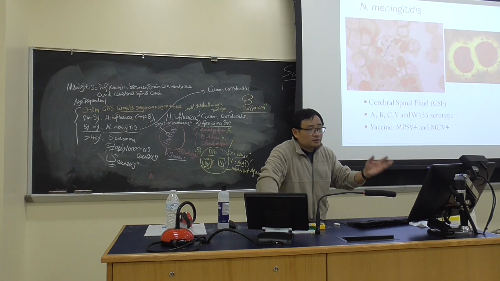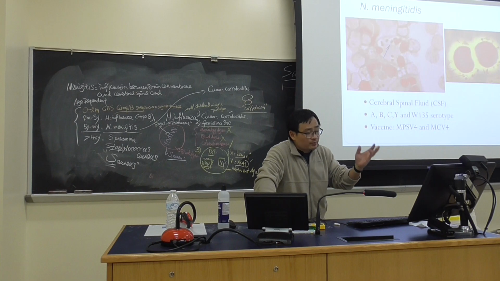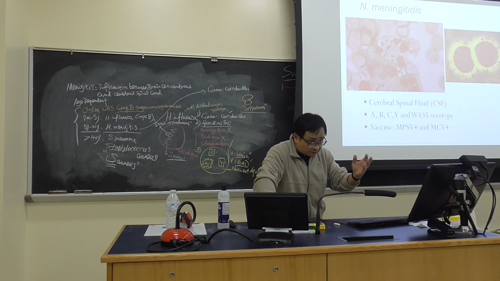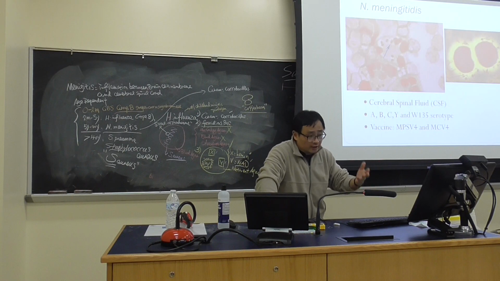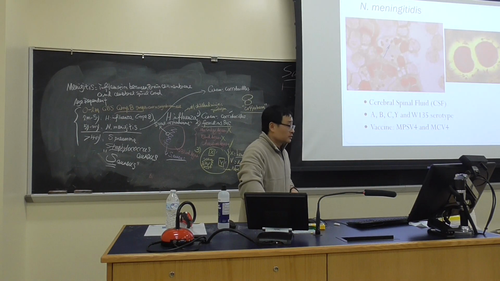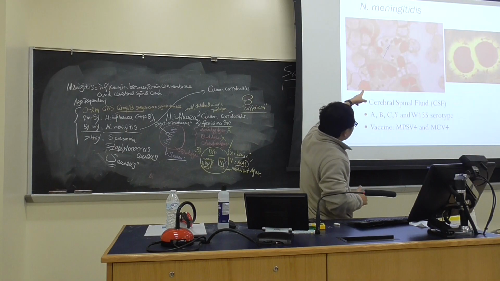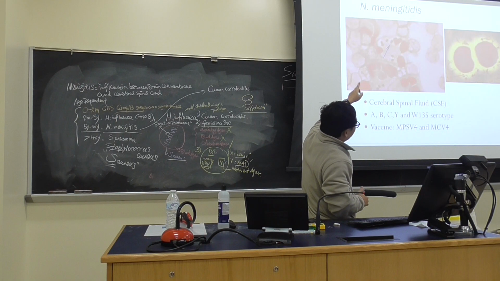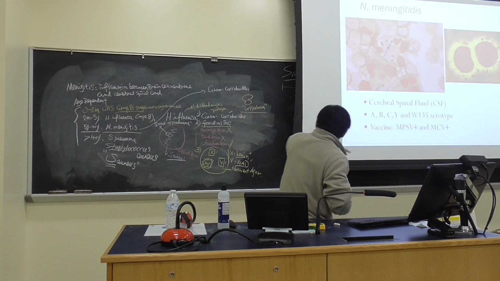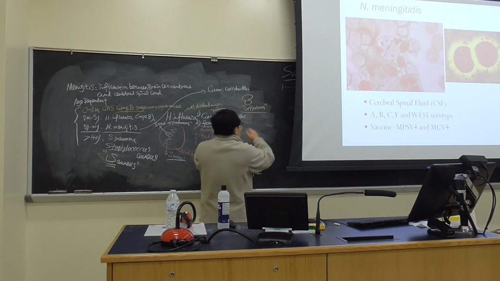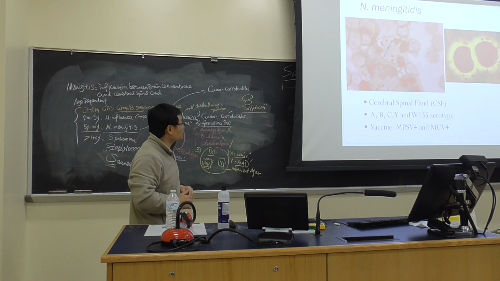The doctor gets your cerebrospinal fluid, the CSF, and does a simple isolation and a Gram stain. They see, surrounded by white blood cells, a couple of dots that look like a coffee bean. Most likely it is Neisseria meningitidis.